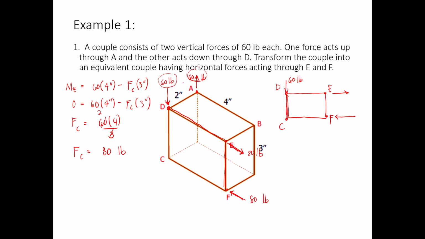It won't matter if we choose just one, because the moment of both is the same, as we mentioned in the previous slide. That's why we're only taking one 60-pound force, and another one force on the horizontal aspect.